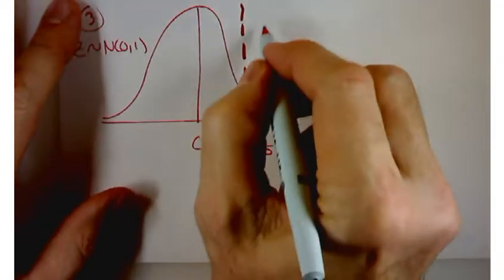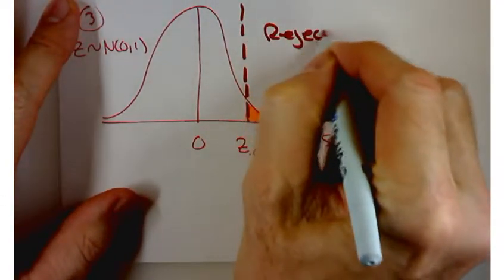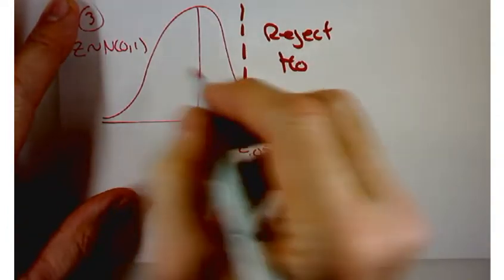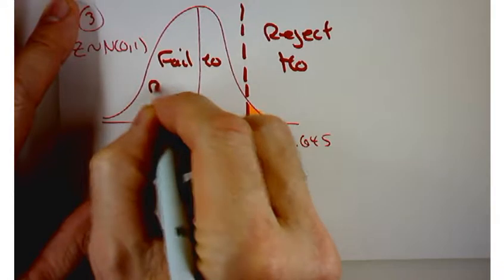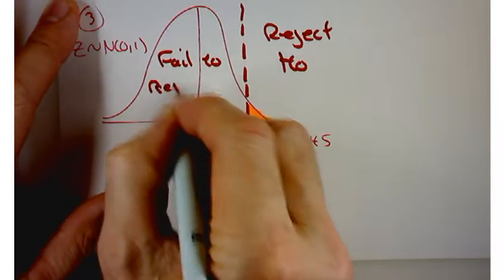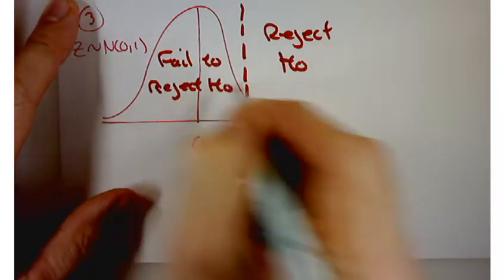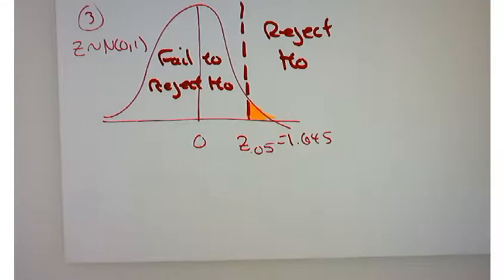You're going to have your reject H0 region and your fail to reject H0 region. So depending on our Z statistic, it's going to be in one of those two places.